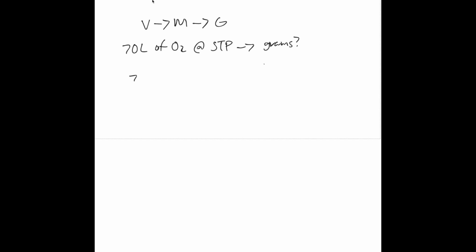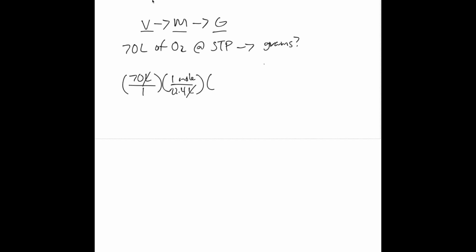So we're going to set up our equivalent fraction, 70 liters over 1, and that's going to be equivalent to liters on the bottom because we want to get rid of the liters, right? So we know we want to convert this to moles, volume to the moles to the grams. So 1 mole and then 22.4 liters on the bottom.